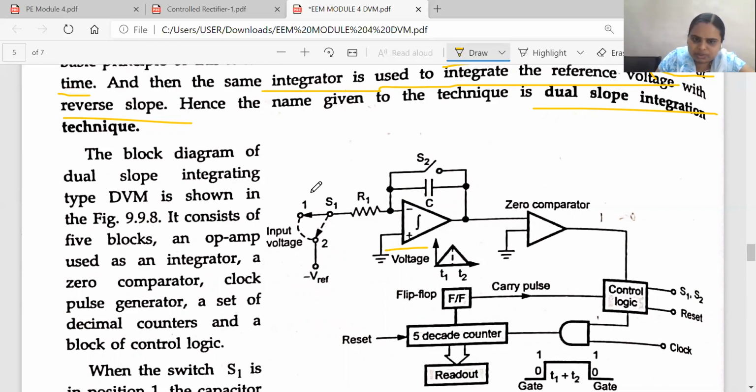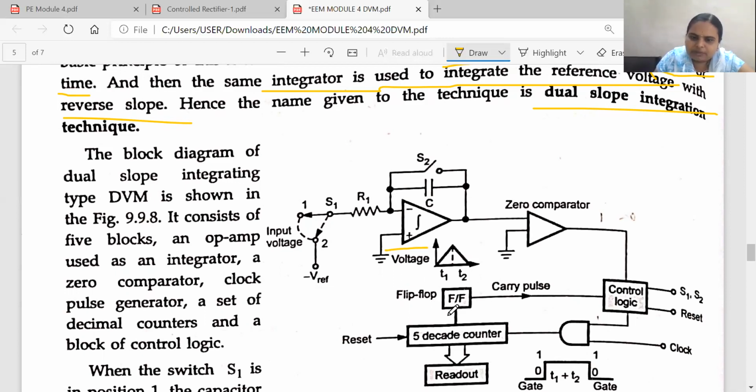Then a switch S1 is used with positions 1 and 2; at 2 it is given as minus V reference. For the op-amp, a capacitor and a switch S2 are connected, and a zero comparator is connected.